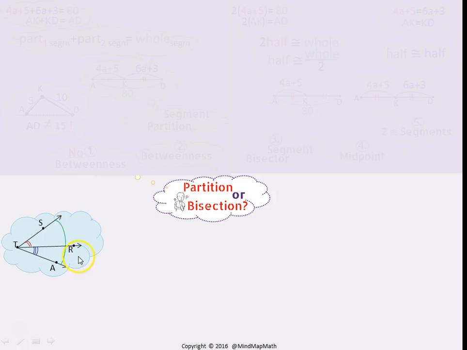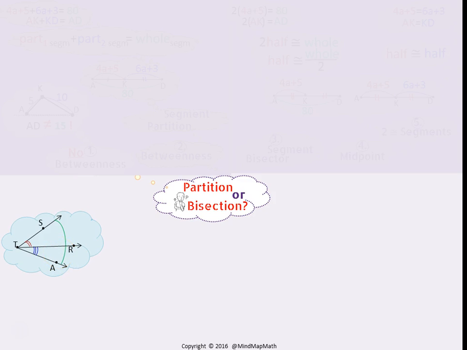Once again, when angles are formed by more than 2 rays, 1, 2, 3, we should always use a 3-letter notation to be precise in identifying which of these angles we're talking about.